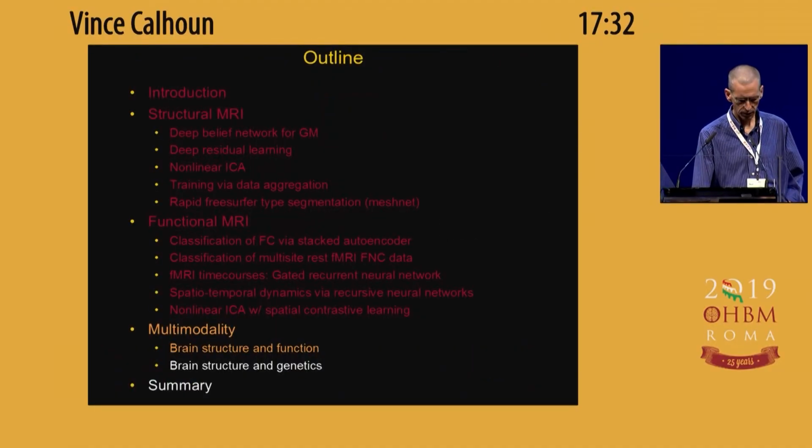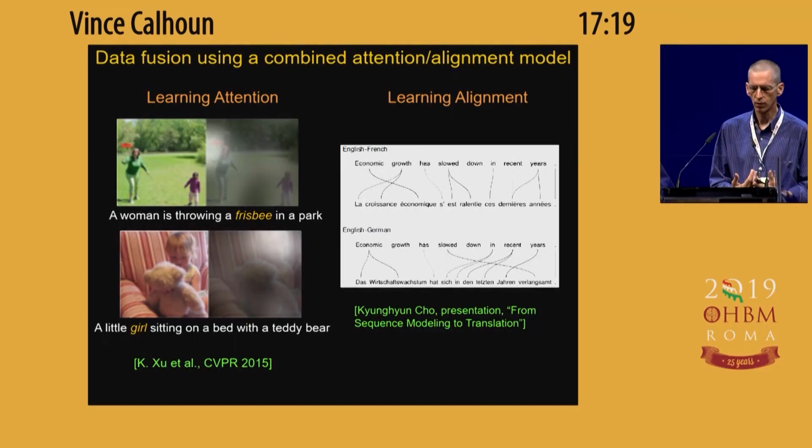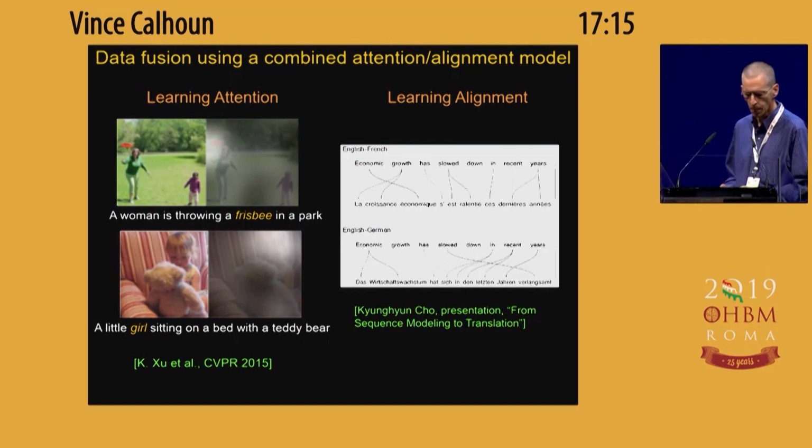Okay, and then the last couple topics is to think about multimodal information. So here's an example where we're looking at brain structure and brain function, which obviously are related to one another, but in a complex way that we don't fully understand.